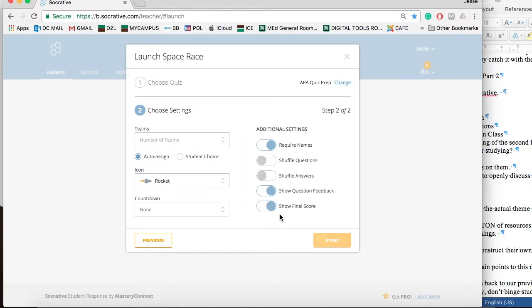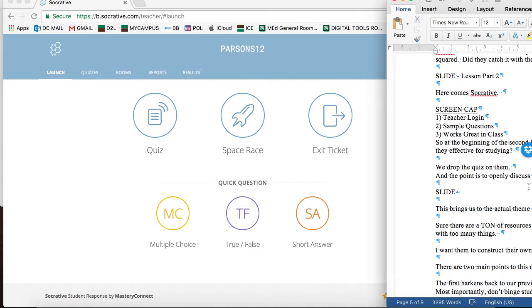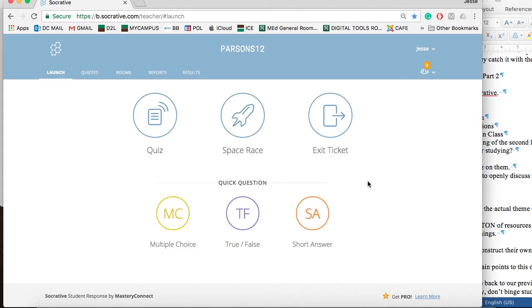The reporting can continue to let them compete with each other because John did really well in the first three tests and Sarah did great on the other three tests, and they can actually build their own little bit of game-based learning here where they can compete with one another. So that's how I hope that they continue to use it, not just building a quick quiz, but actually competing with one another.